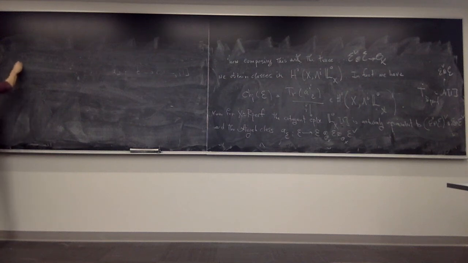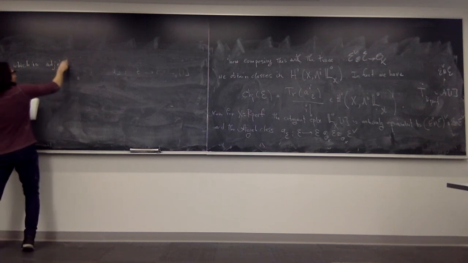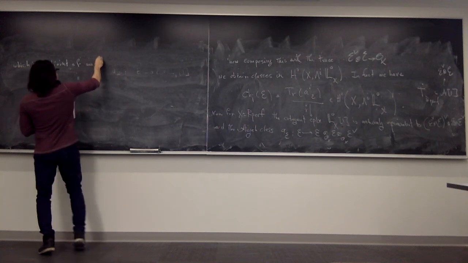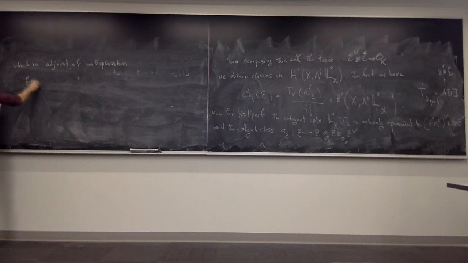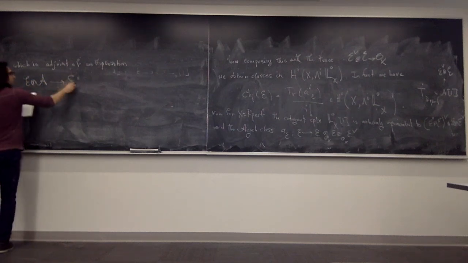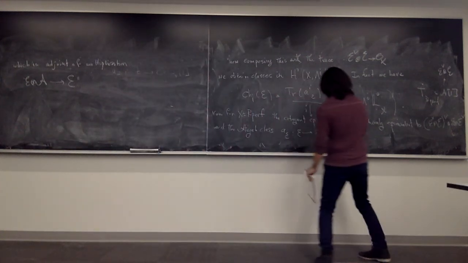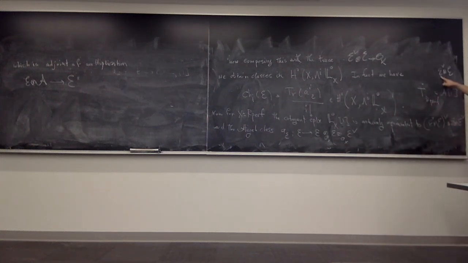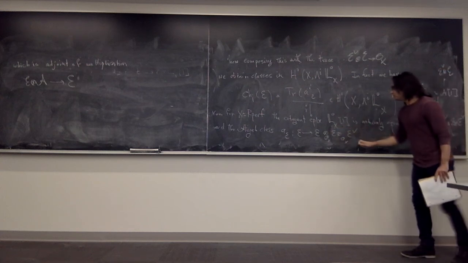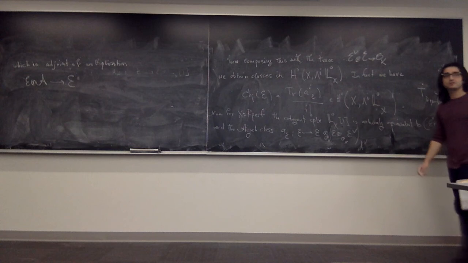Which is adjoint of multiplication E tensor A to E. Because what I can do is, this is A, and this is dual of A. And so I can put the A on the other side.